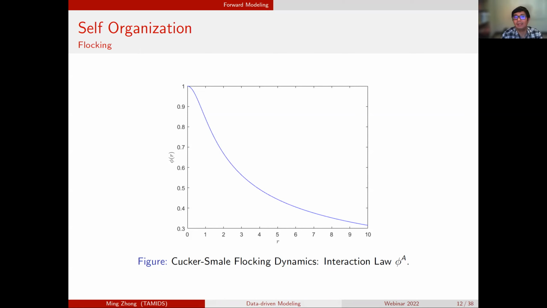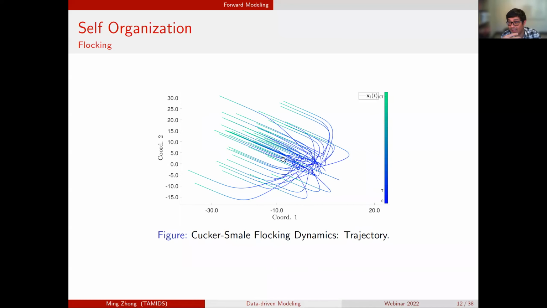So even though this interaction kernel is actually global, it decays really fast towards infinity, so you can also think of it as practically local. This is actually an exponential decay. Okay, so then the group of birds will actually at the end flock together. That means that they will fly at the same velocity after an appropriate amount of time within this dynamics.